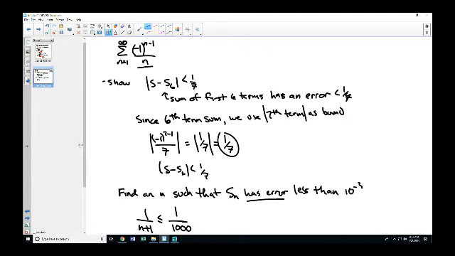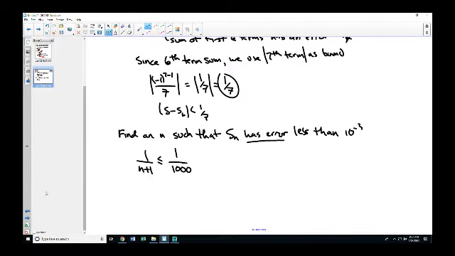The next term is n plus 1. Now you just do some algebra. Solve for n. Yeah, solve for it.